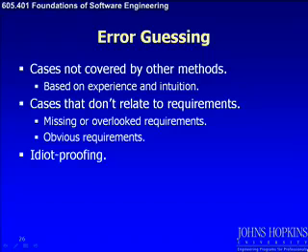Another type of testing is called idiot proofing. Idiot proofing is where you thoroughly test this product, because who knows what kind of users we're going to have. Normally, when we test a program, we test expected kinds of inputs.